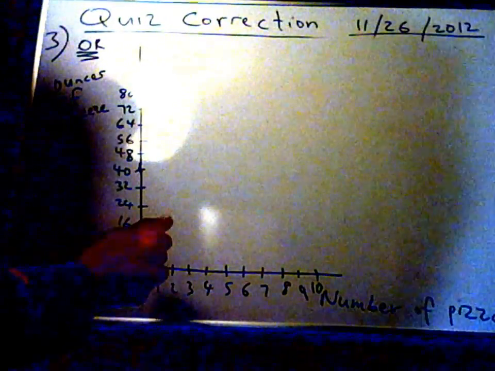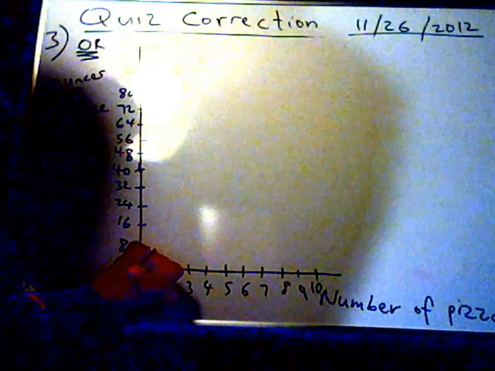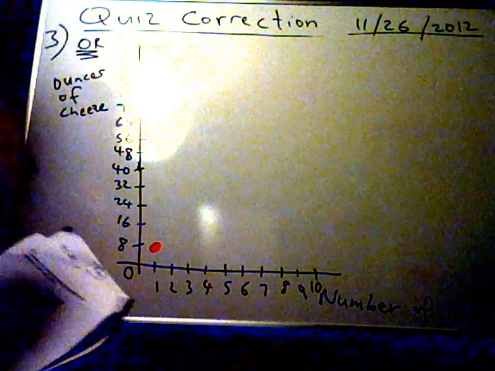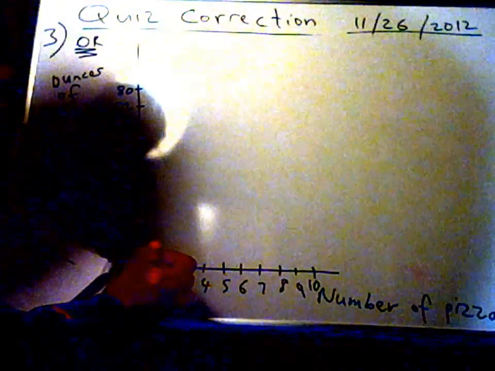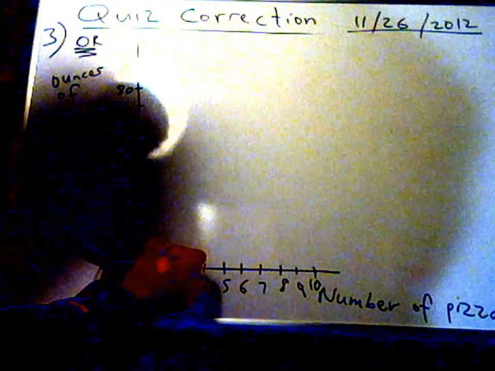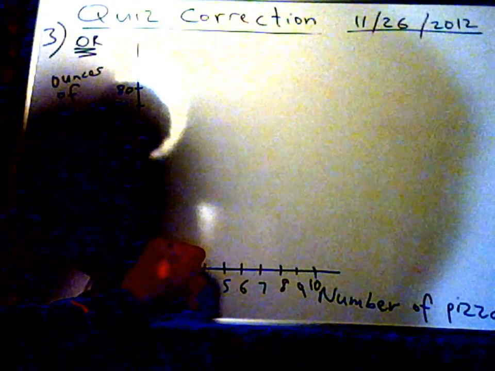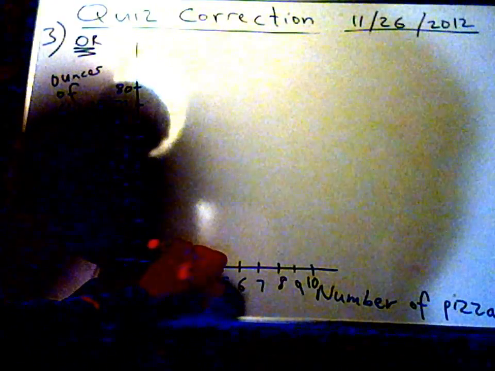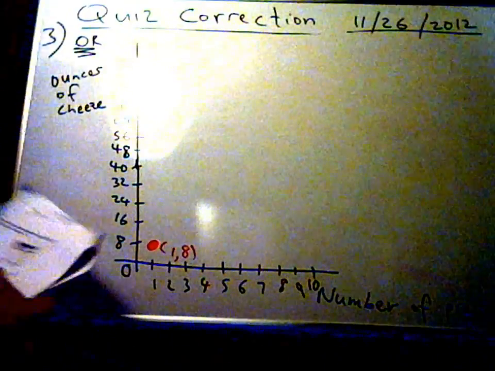So now let's use the points on the table. We're given (1, 8) on the table. This point right here is (1, 8), so we're given that 1 pizza takes 8 ounces of cheese.